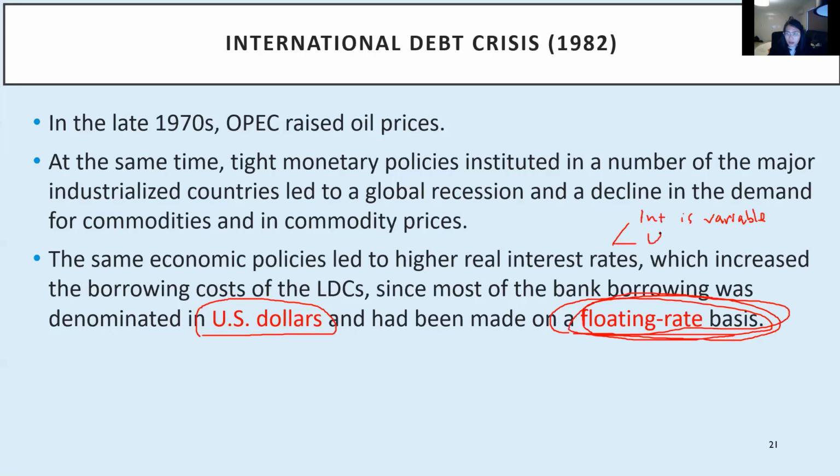And second, these loans are USD denominated, right? So if a third world country economy started to decline, their currency value started to depreciate against the USD as well. So the end result is that the notional amount of their loan in the USD is going to increase, and at the same time, the interest rate on these loans started to increase as well, given the riskier economy.